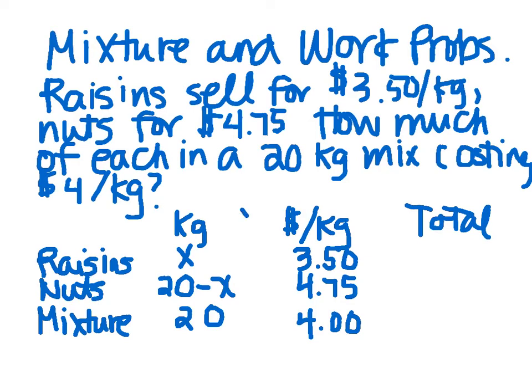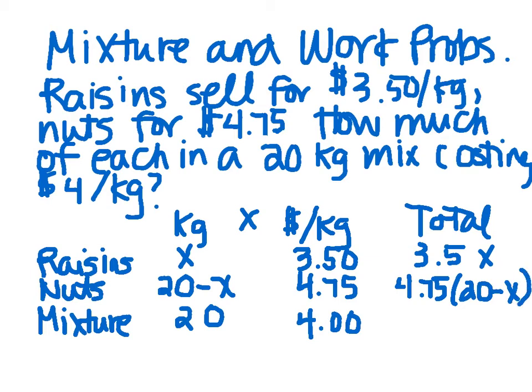So since kilograms times price per kilogram gives us the total cost, we don't know what this is in raisins, but we know that it is a variable expression equaling 3.5x. And this is a variable expression, 4.75 times 20 minus x. And 20 times $4 is $80.